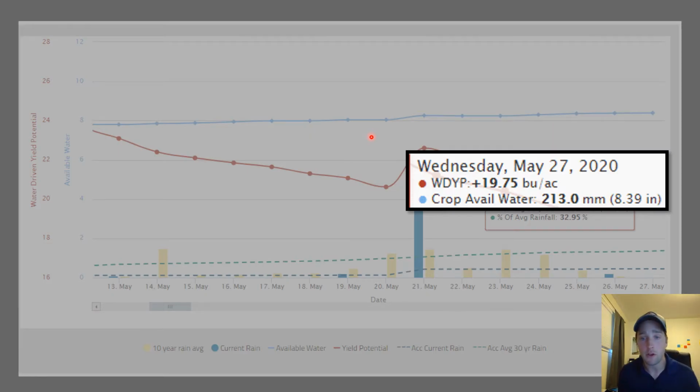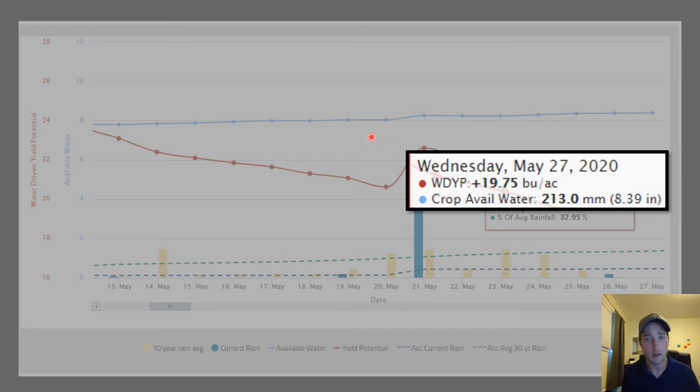If you held your mouse on this, if you were on the computer, or tapped it if you were on your smartphone, it would show you each day what your water-driven yield potential is and a few other things. But we're just going to focus on water-driven yield potential and crop available water at the moment.